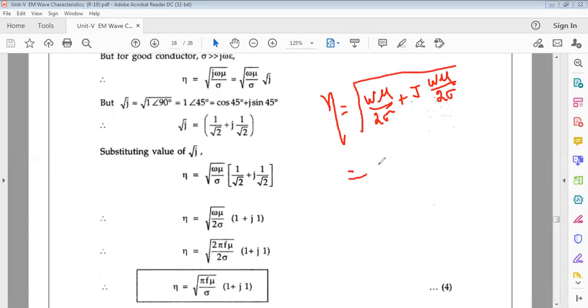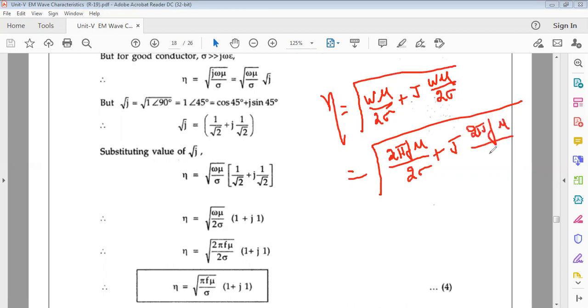We can change this in terms of the normal frequency: 2 pi f mu by 2 sigma plus j into 2 pi f mu by 2 sigma. The 2 gets cancelled, here also the 2 gets cancelled.